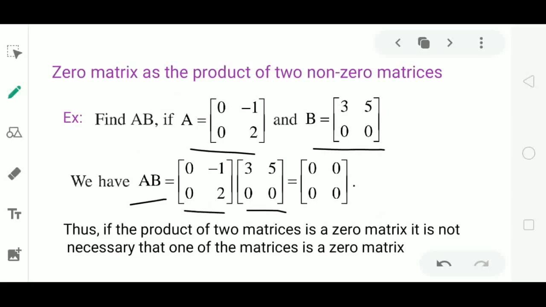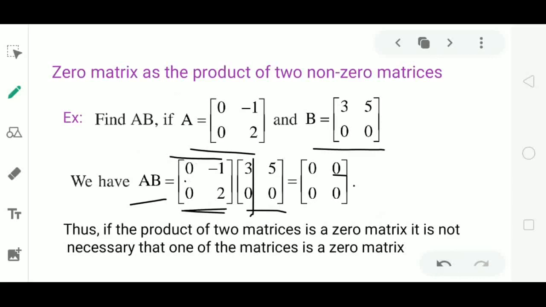So to find this product, we multiply first row of A with first column and then we add the product. 0 into 3 is 0 plus minus 1 into 0 is 0. So 0 plus 0 is 0. Next, first row, second column. 0 into 5 is 0, minus 1 into 0 is 0, 0 plus 0 is 0.